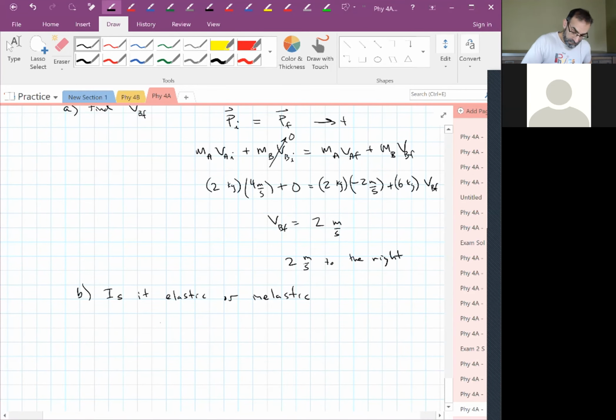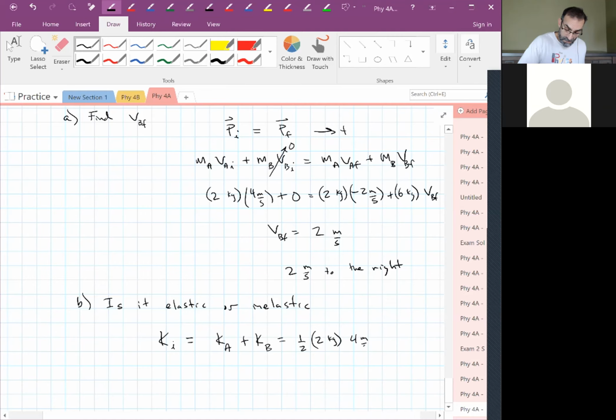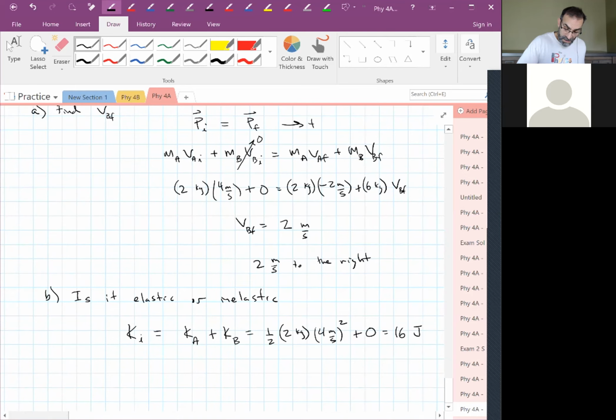Kinetic energy of A plus the kinetic energy of B. 1/2, what was A again? 2 kilograms, 4 meters per second. 16 joules.